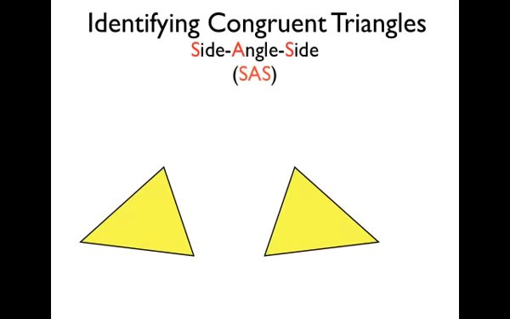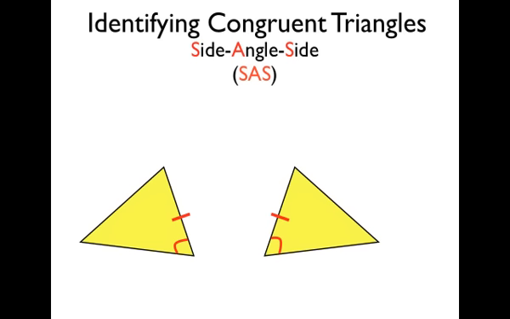Okay, the next one we have is side, angle, side. Now with this one, again you have a pair of sides that are equal to each other. That's what the little dashes mean. You then have an angle next to it, touching the equal sides, that are equal to each other. That's what the little arcs mean.